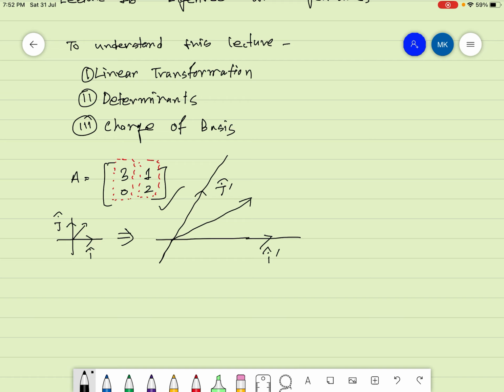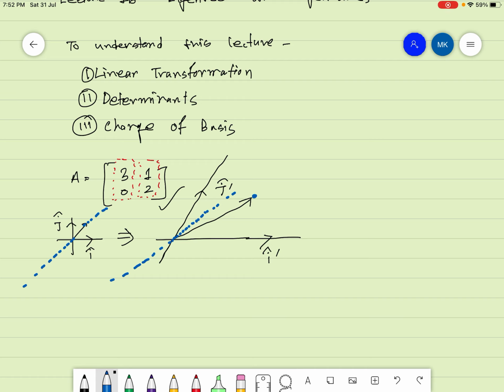So as you can see, it's deviated from its span. As you know, the span of a single vector is basically the straight line, and the vector after the transformation has been deviated from its span. So this was its span and it has been transformed into this.